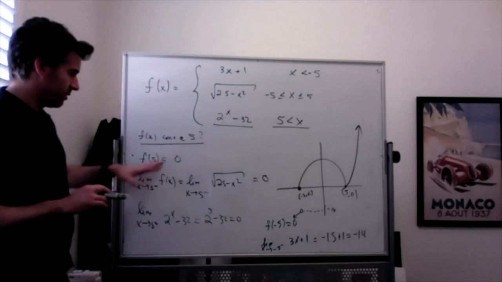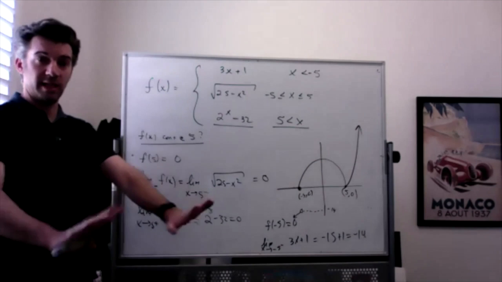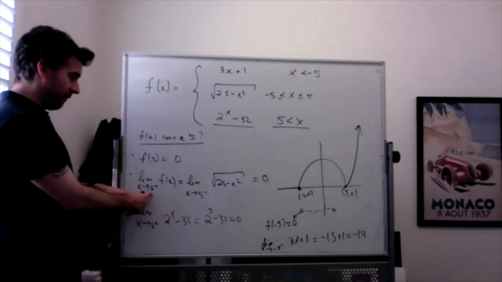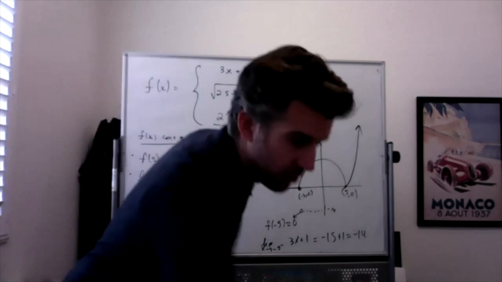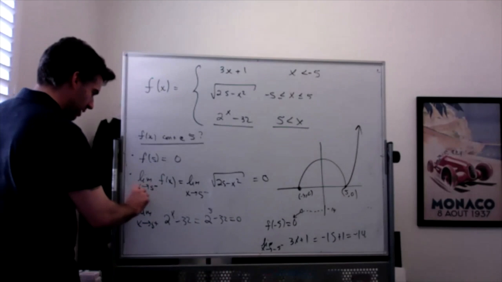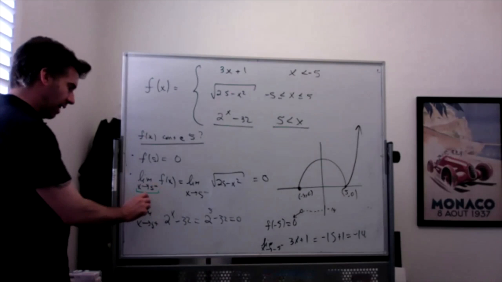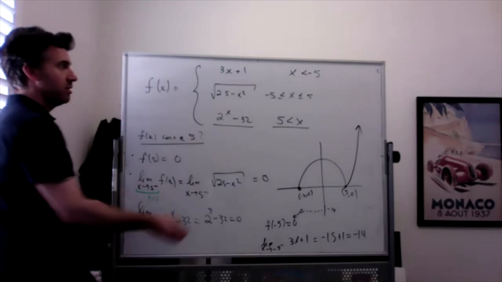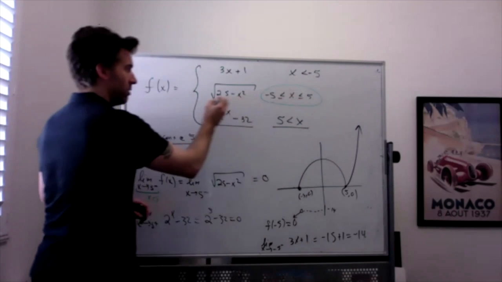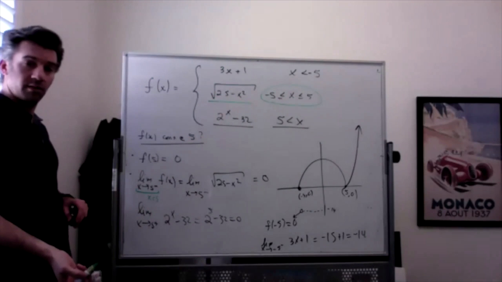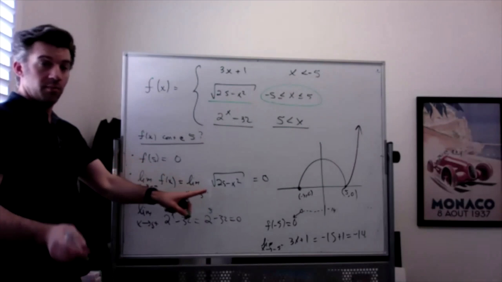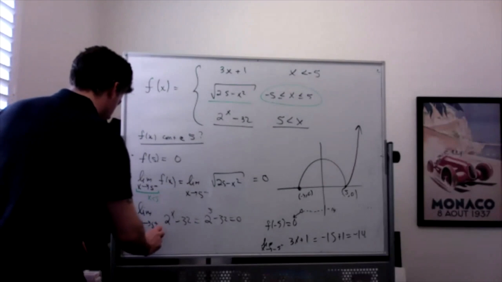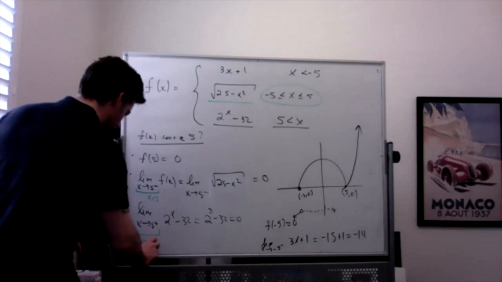So if I'm finding the limit as x approaches 5 from the left, when I see 5 from the left, I'm really thinking, okay, x is less than 5. So I'm using this part right here, which means I'm using that function right there. But when I'm doing the limit as x approaches 5 from the right, I'm thinking, oh, x is bigger than 5.